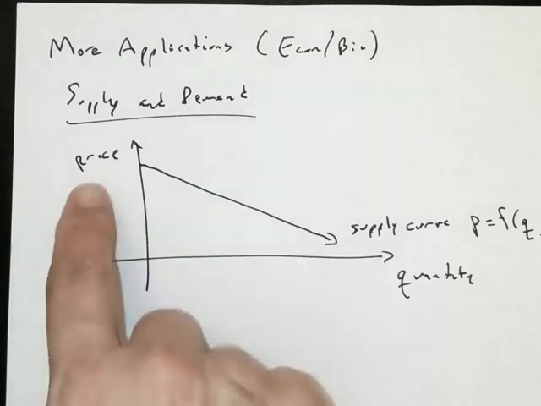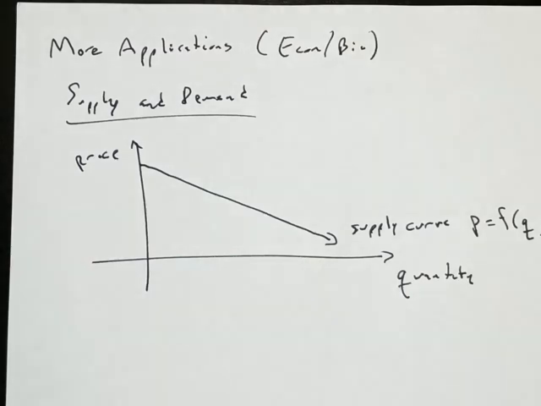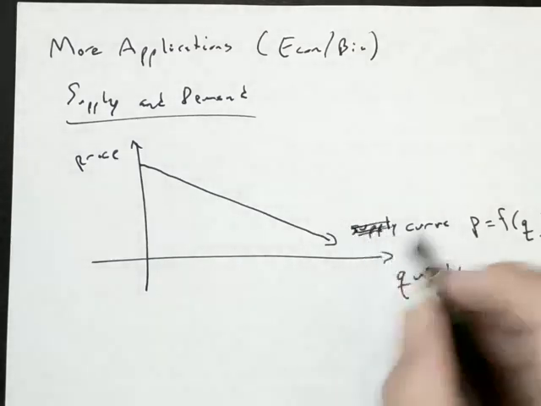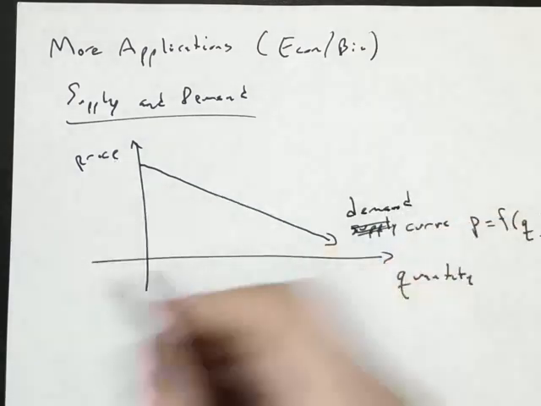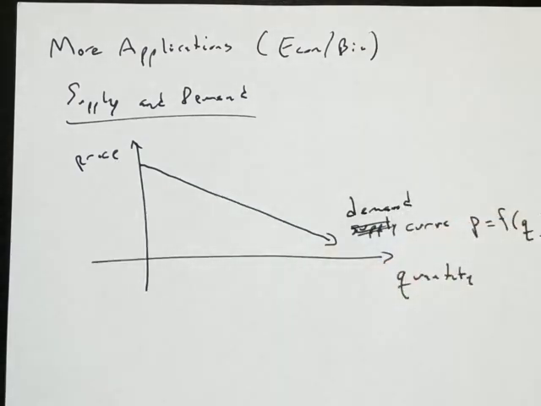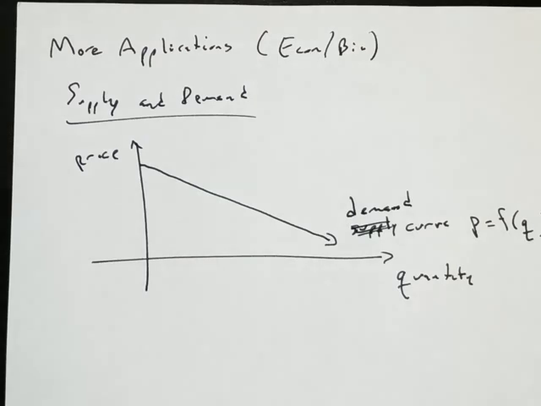So as prices go up, fewer people want to buy stuff, right? As the price is expensive, there should be few sold.